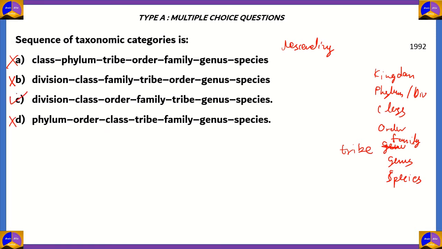The correct option is option C, division, class, order, family, tribe, genus, and species. So this is the correct one because all the obligate categories are listed correctly, and even the non-obligate category, which is the tribe, is also listed correctly as lower than family. So therefore option C is the correct sequence, and it is the correct option for this question asked in 1992.